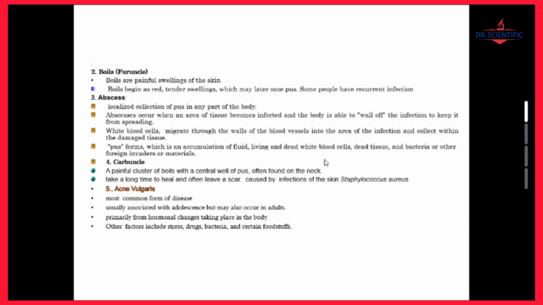Yeah, and then we also have what we call acne vulgaris, which is the most common form of the disease, usually associated with people in the adolescent stage, as I've explained, but may also occur in elder people.